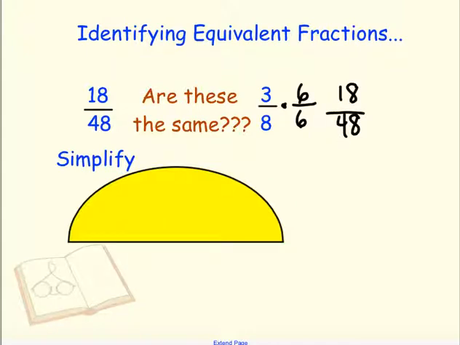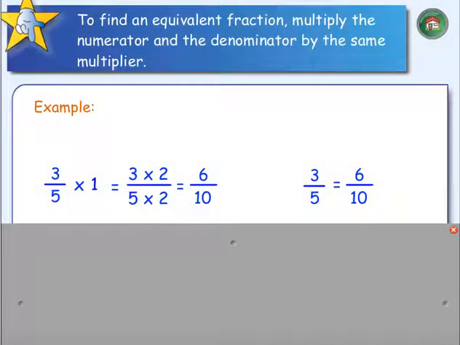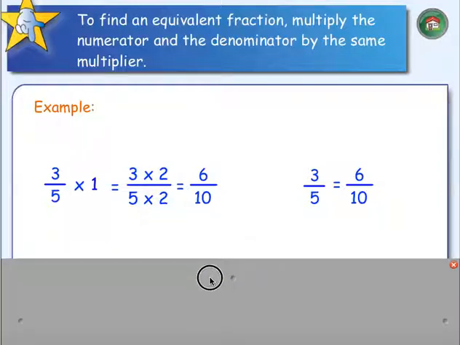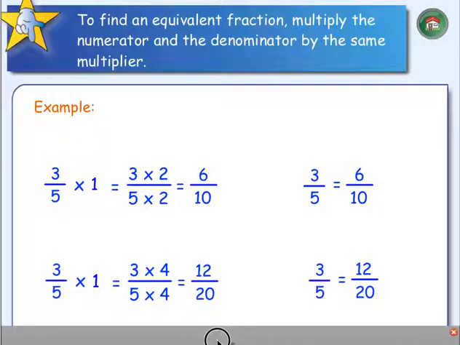Or we could divide each of these by 6 and get 3 over 8. So we have equivalent fractions. All right, so just another example of what you can do here with these equivalent fractions, so that you can compare and order your fractions.